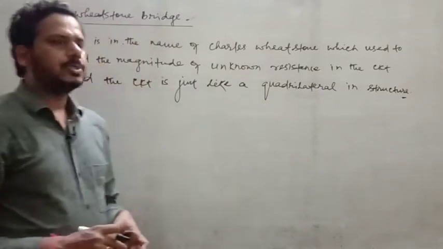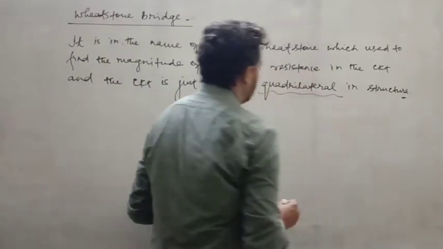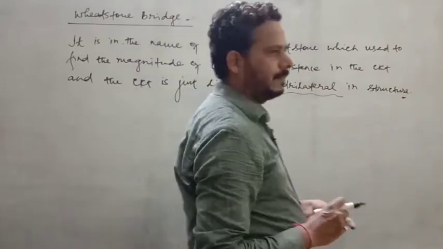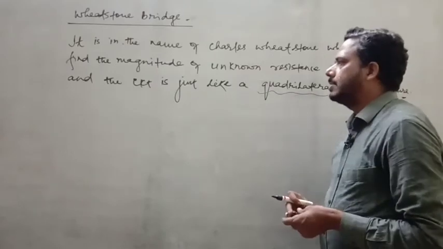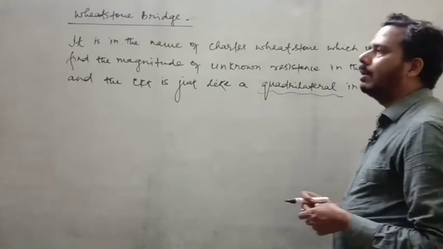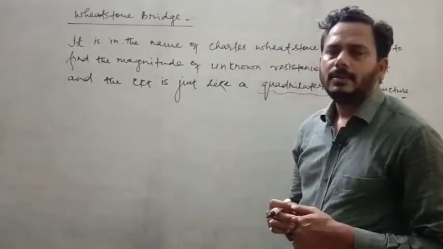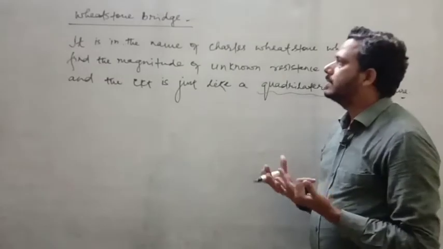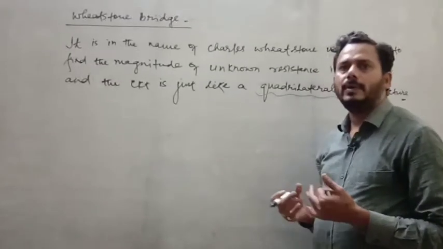Alright, so using this kind of structure, a quadrilateral structure in a circuit, we will find the magnitude of an unknown resistance. But first of all, we should understand what Wheatstone is and how this kind of bridge is formed.